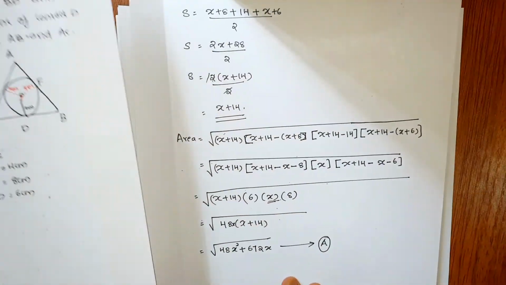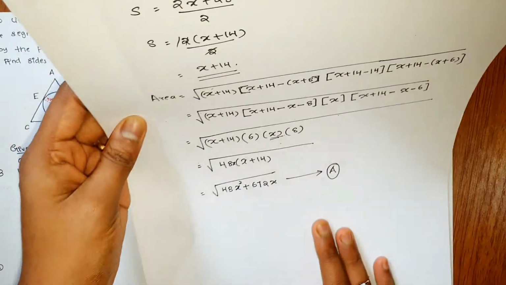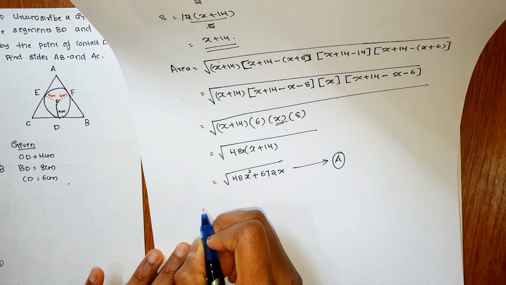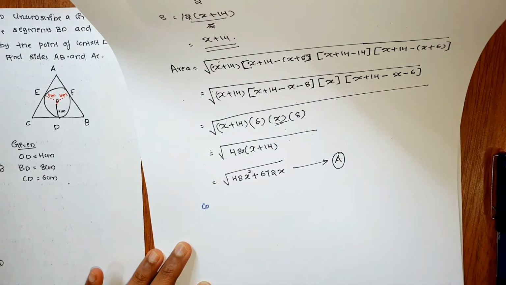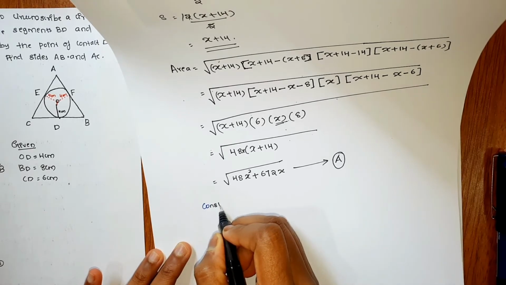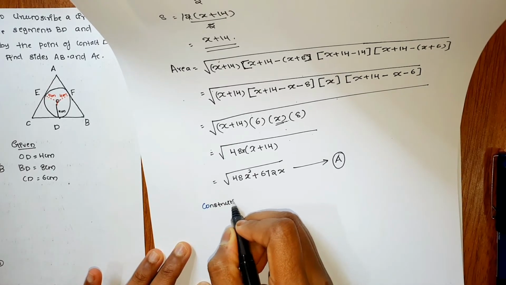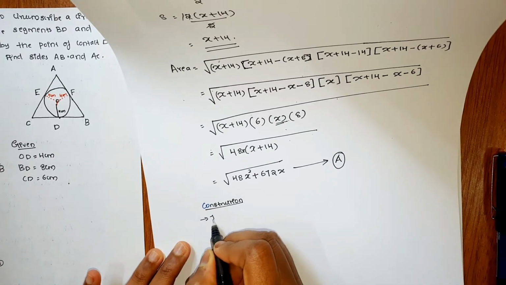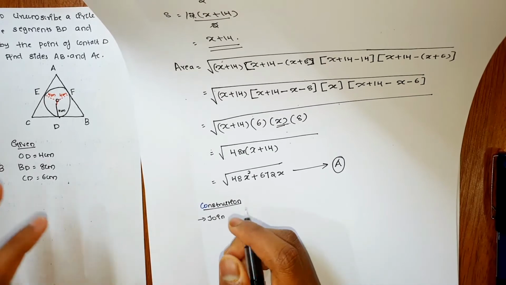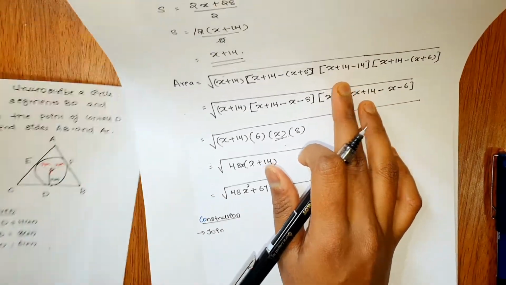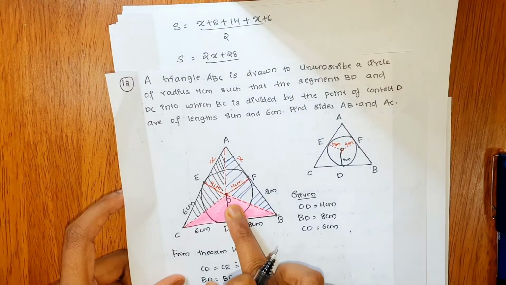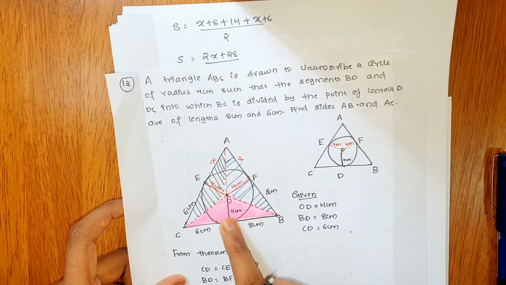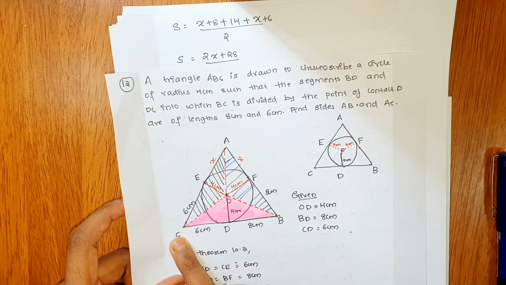Next, we did a construction, so we can write the construction. What all constructions we did in this question we can write here. I joined OA, OB and OC.